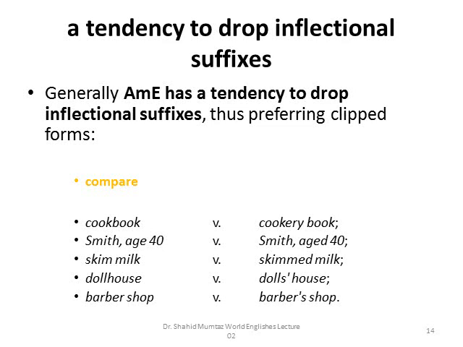Yeah, there is another characteristic of American English: it has a tendency to drop inflectional suffixes and prefer clipped forms. You can compare cookbook versus cookery book. I hope you understand which one of these is the American expression.